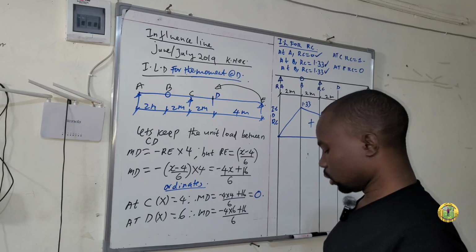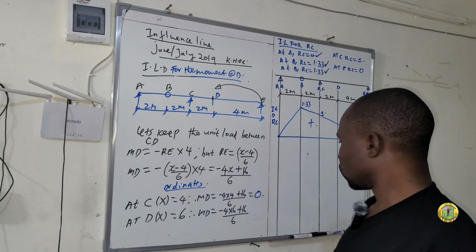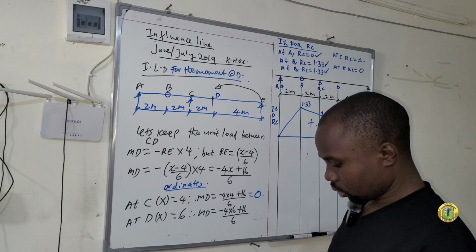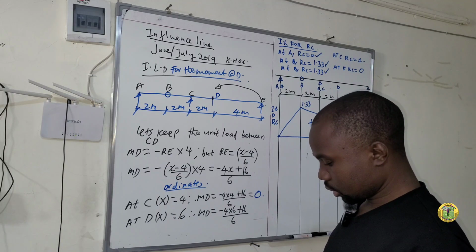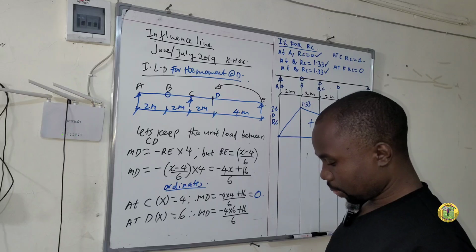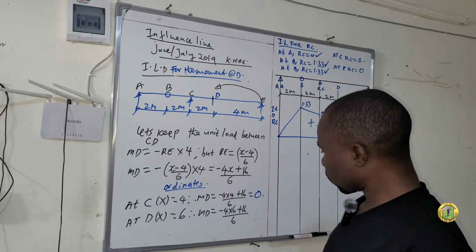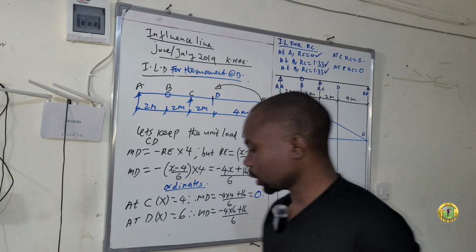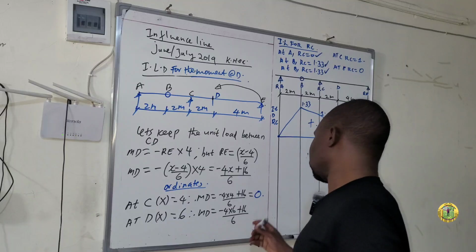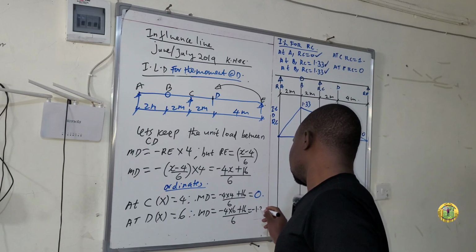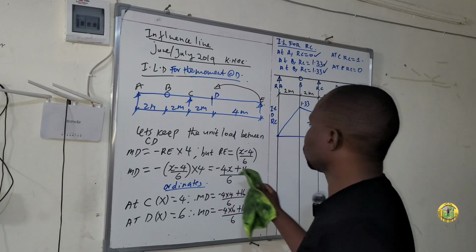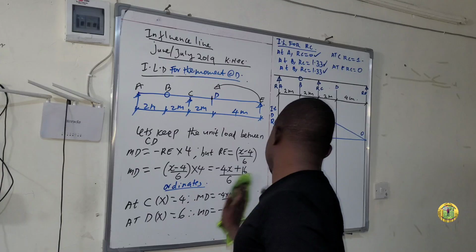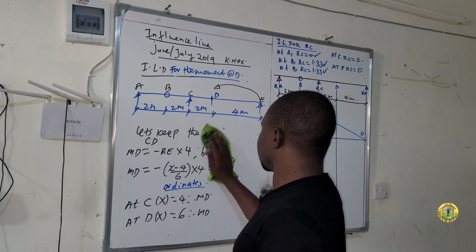So this one is equal to negative 1.33. Remember to keep these ordinates for the diagram for the moment at D.